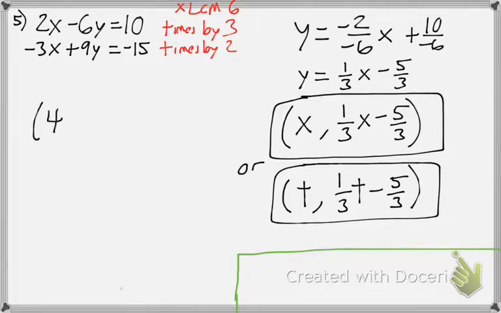So I want 4 to be my x value. I can't just pick, like, let's say 17 for my y value. Once you pick 4, you need to plug it into that formula, and then that will tell you the corresponding y value. So if you type in 4, then you get -1/3.